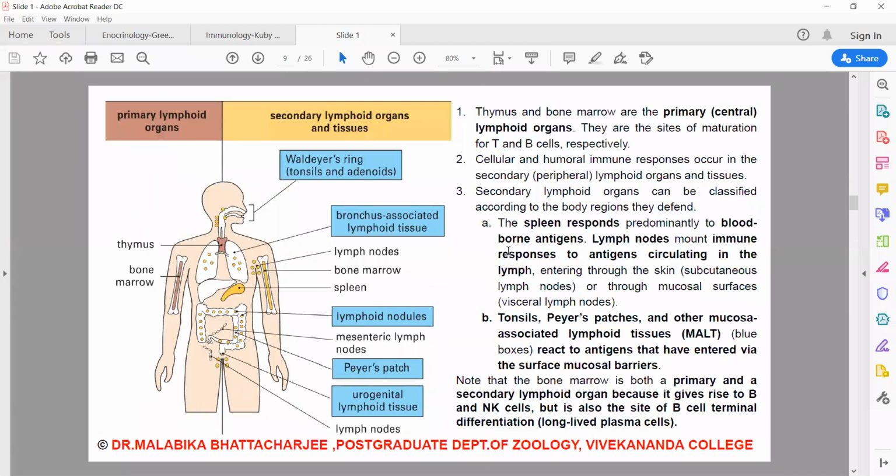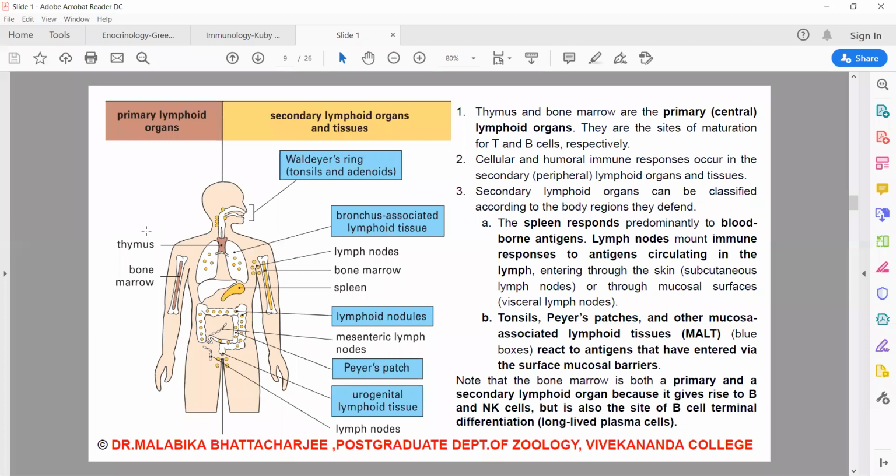Now moving on to this picture. If we think about the thymus, this picture clearly elucidates which are the primary lymphoid organs and which are the secondary lymphoid organs. The primary lymphoid organs are the site of maturation for B and T lymphocytes.